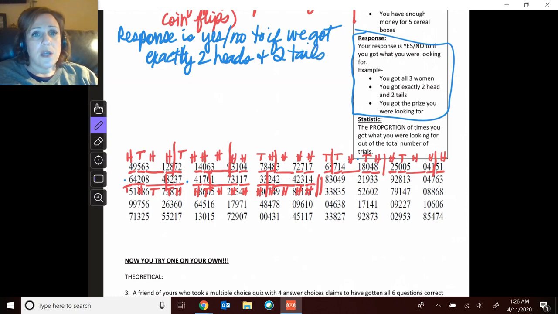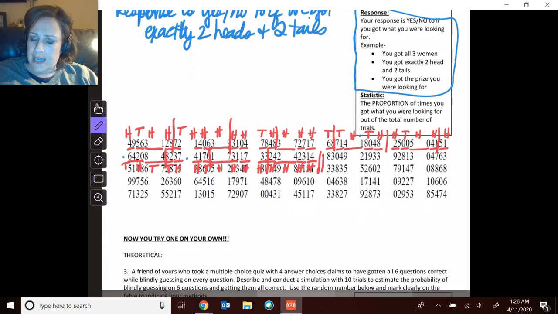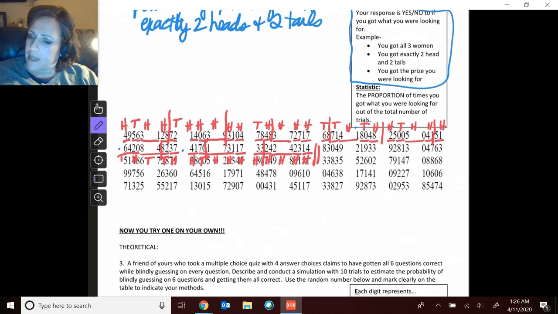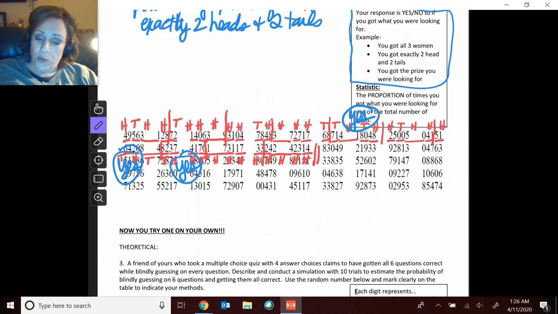Okay, so hopefully I did mine right, and the ones that I found had exactly 2 heads and 2 tails. There was one right here, and then one right here. The rest of those were no's.